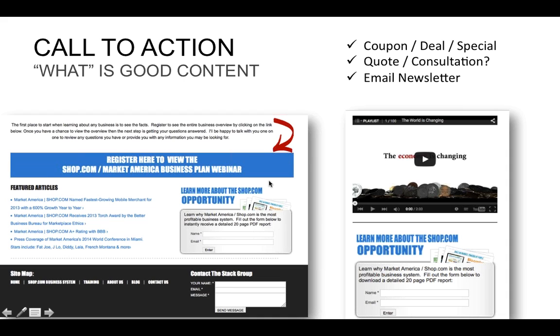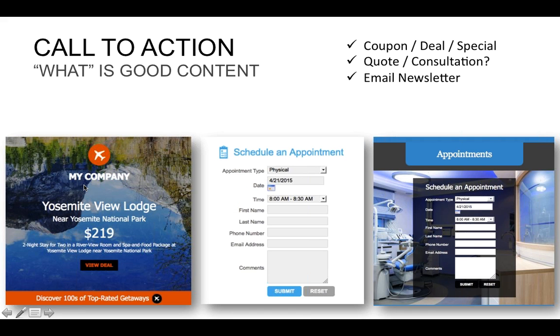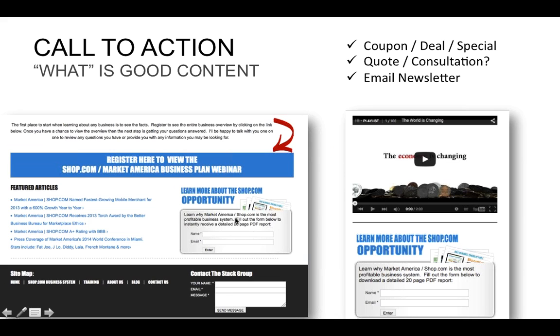The second thing that it does is it emails them or leads them to the About MA PDF, right? So it's giving them a little bit more information, and it's also giving us their contact information so that we can follow up with them. And we have that on the home page, and we also have it on a couple of other pages as well. So it's a great little thing.